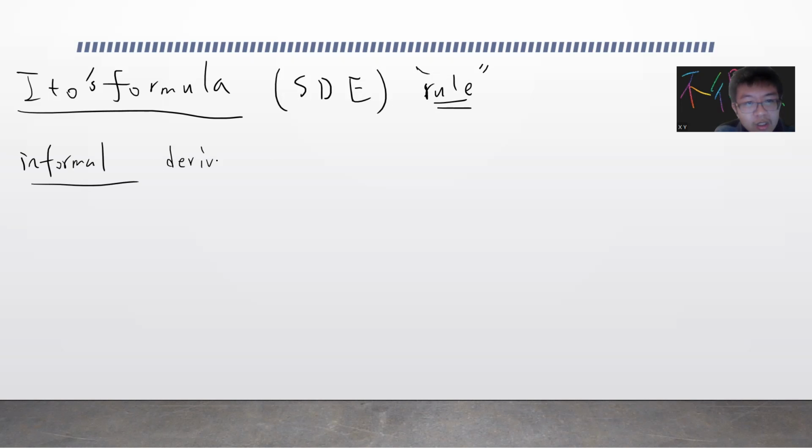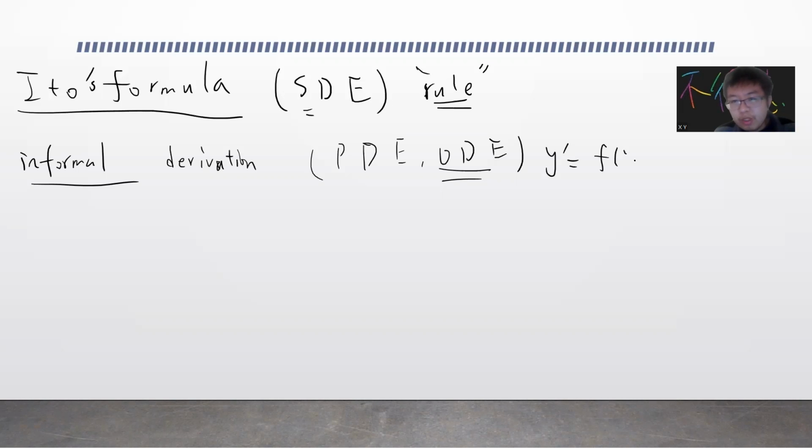My understanding is that the stochastic differential equation is like the usual PDE or ODE that you can write. For an ODE you can write the differential as a function of the original, something like f of y and x.